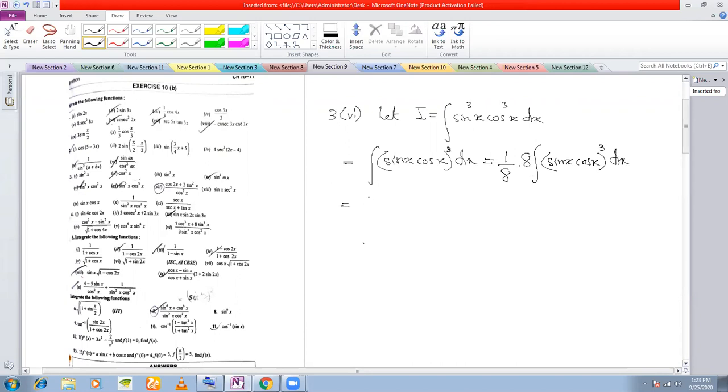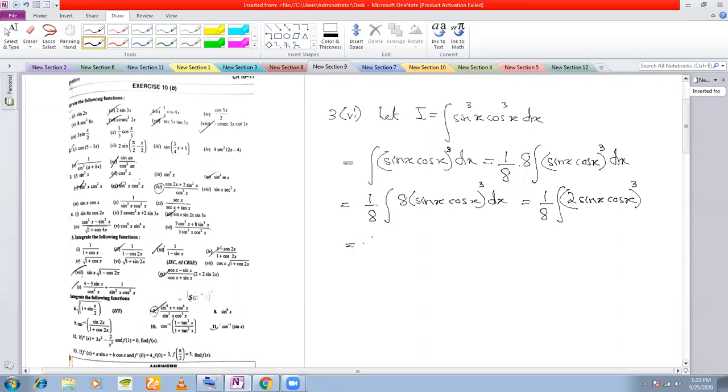Now we take the 8 inside: 1 by 8 integral (2 sin x cos x) whole cube.